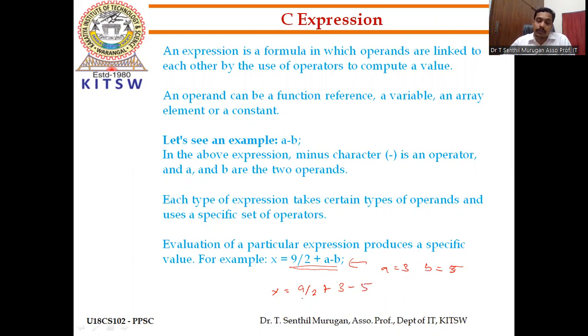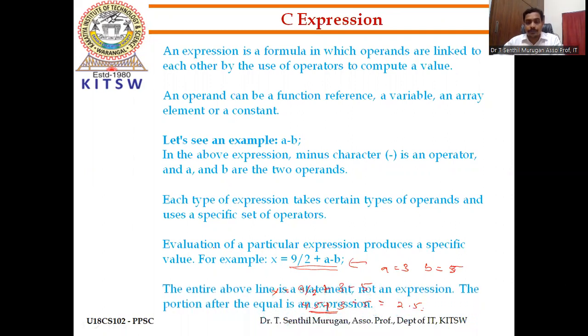In mathematics, 9 by 2 is 4.5, plus 3 is 7.5, minus 5 is 2.5. So the answer is 2.5. But in computer we have to decide which operation will be performed first, which operator has high precedence and which has less precedence. That we have to discuss.